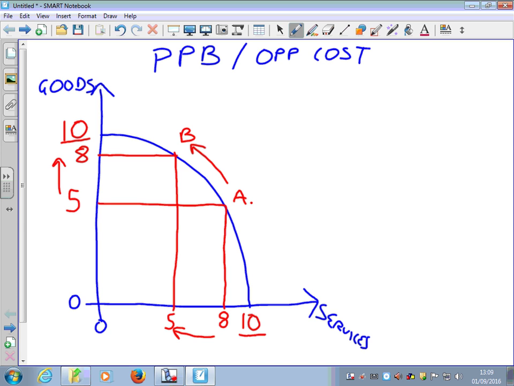In order to produce 3 additional goods to go from 5 to 8, I've had to sacrifice 3 services. So in other words, my opportunity cost would be 3 services. Okay, so remember, a production possibility boundary shows the maximum number of goods and services, or different combinations of goods and services, that a country can produce with their factor endowment.